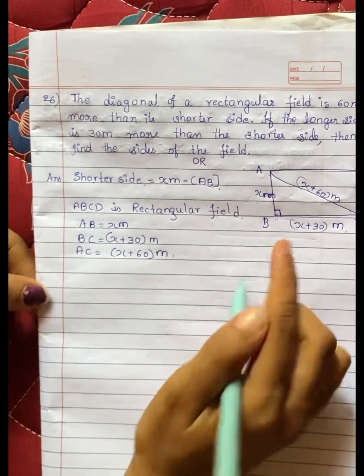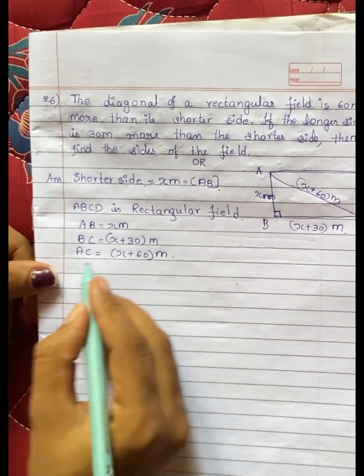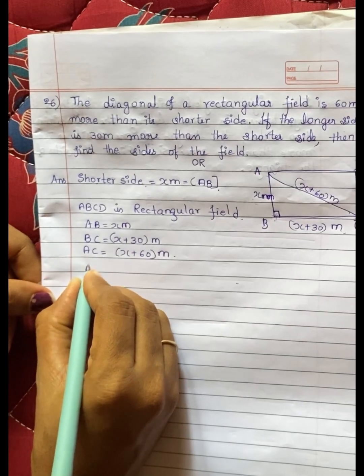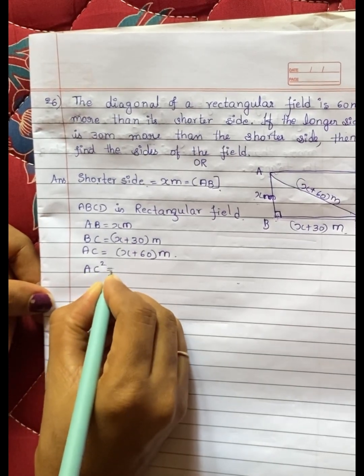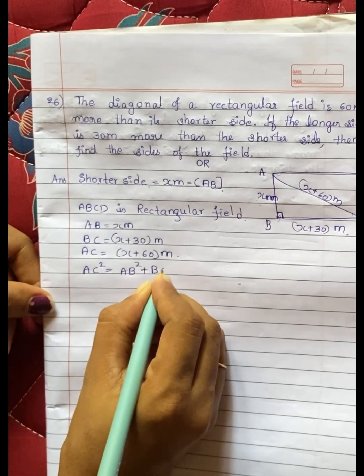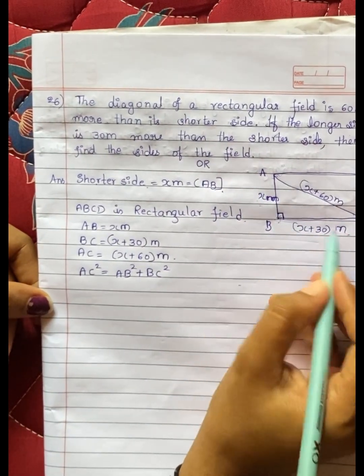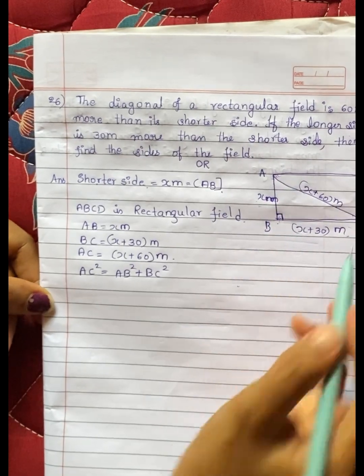Now for the rectangle with the diagonal, we have the formula: AC square is equal to AB square plus BC square.